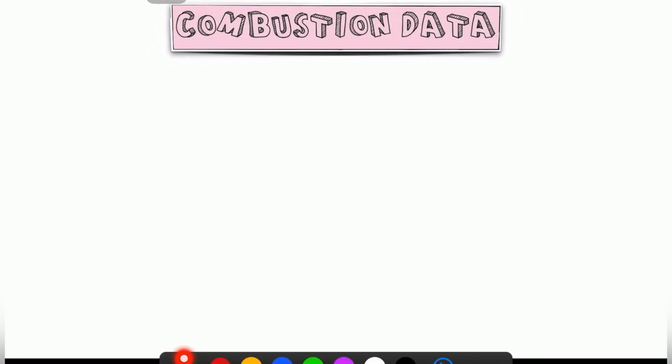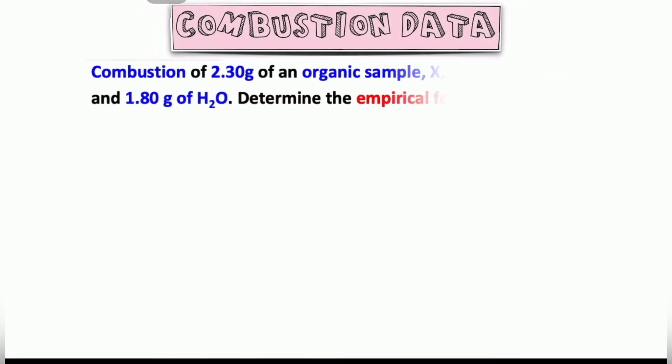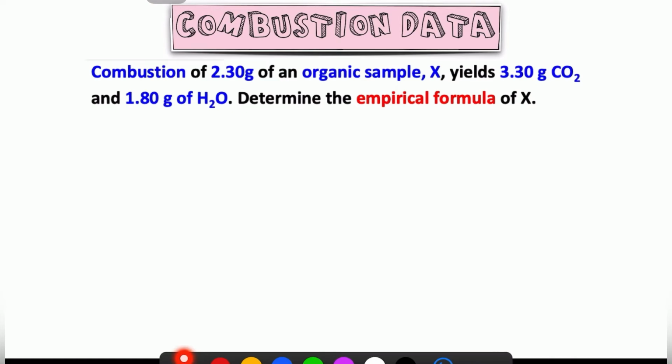Okay, next, combustion data. Example: combustion of 2.3 gram of an organic sample X yields 3.30 gram of carbon dioxide and 1.80 gram of H2O. So it gives you the mass of the organic sample and the mass of the products of the combustion.